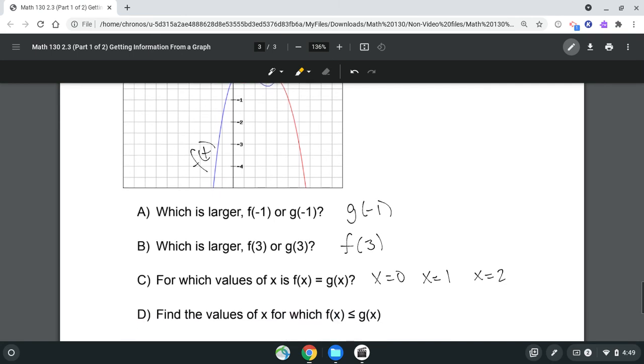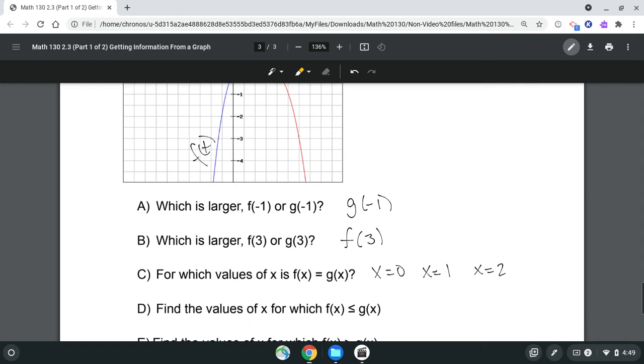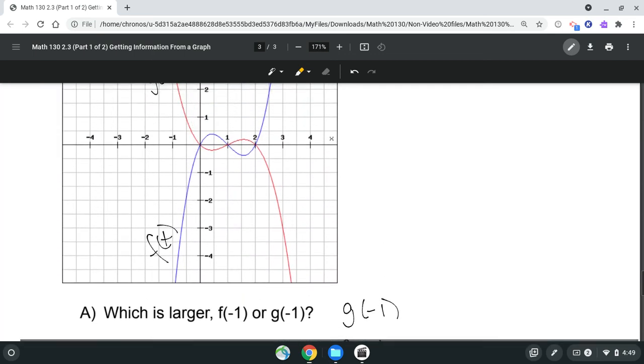Okay, and find the values of x for which f of x is lower than g of x. So f is the blue function. So where's the blue function lower than the red function? F of x is lower over here, but not in here. Lower in here, but not over here. So we're going to say from negative infinity to 0, and then from 1 to 2.